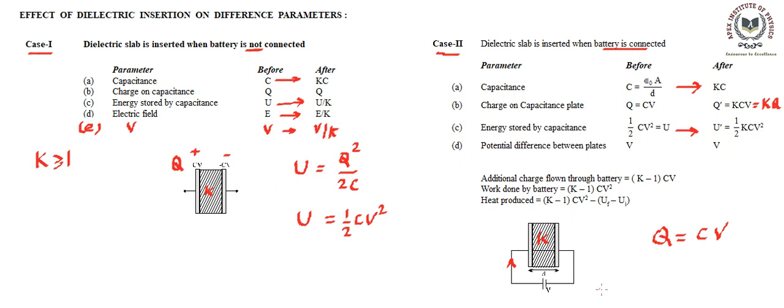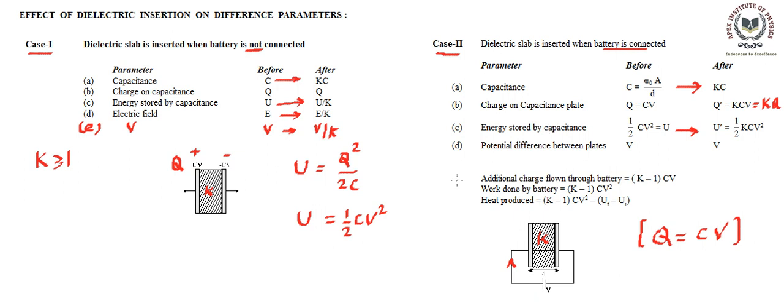When it is connected with the battery, potential remains constant, and this formula Q = CV is always true. And C is changing by a factor K for sure. In one case Q is going to remain constant, in another case V is going to remain constant.